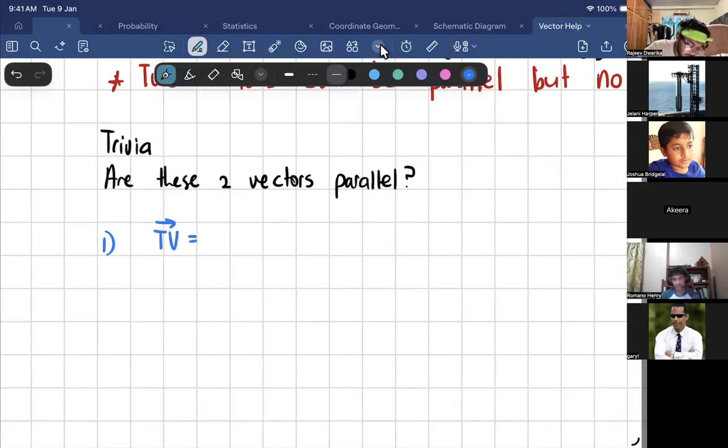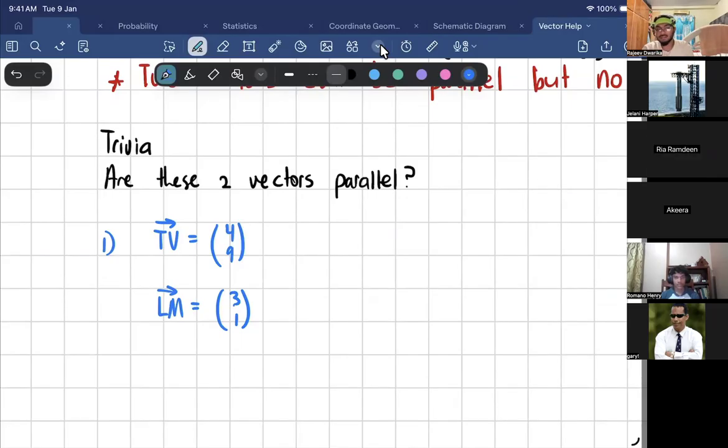Vector TV, I'm telling you, is 4, 9. And then I'm telling you that vector LN is 3, 1. Would you guys say that these two vectors are parallel just by looking at the numbers? Yes or no? No. Can you tell me why that's not legal?